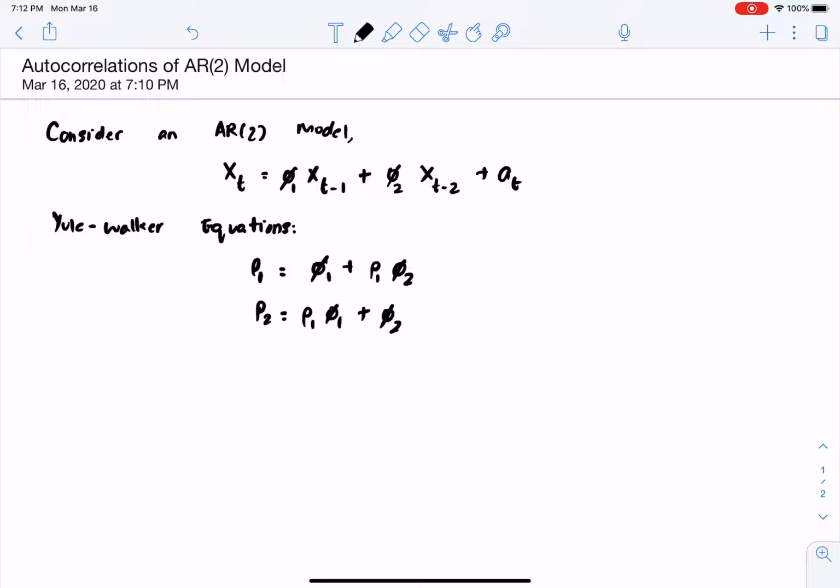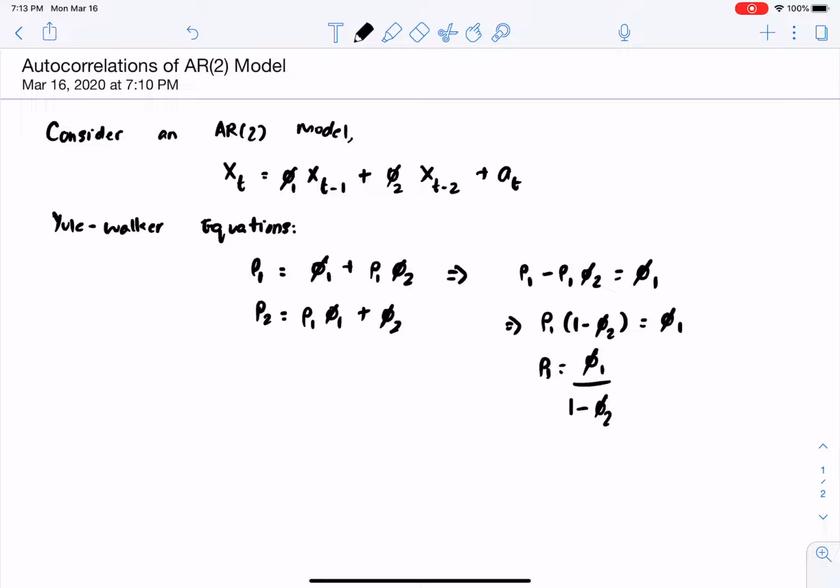So we want to solve for the autocorrelations. If we look at the first equation, we could rewrite ρ1 minus ρ1 phi2 equals phi1, which would imply ρ1 times 1 minus phi2 would equal phi1. ρ1 would then equal phi1 over 1 minus phi2.